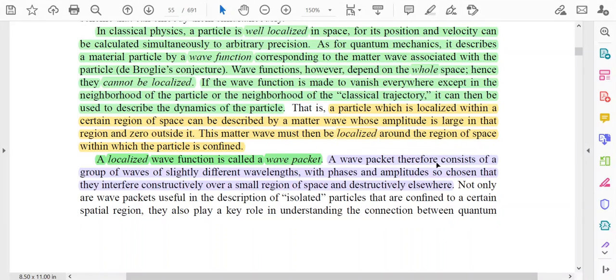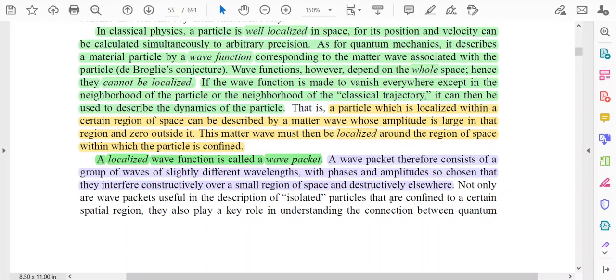A wave packet therefore consists of a group of waves of slightly different wavelengths with phases and amplitudes so chosen that they interfere constructively over a small region of space and destructively elsewhere. So this is the physical concept behind the construction of the wave packet.